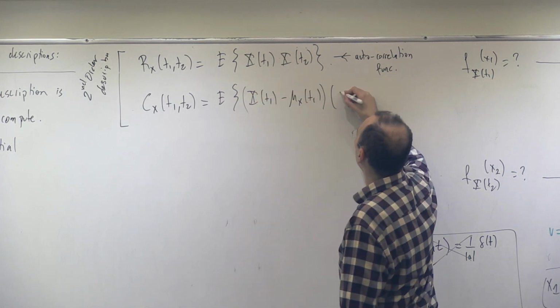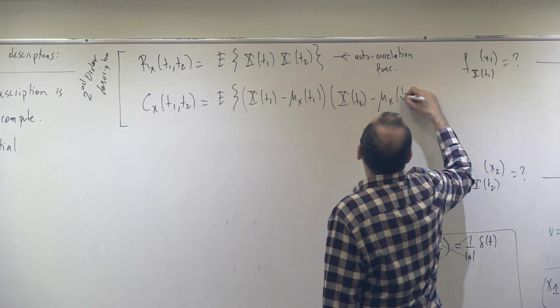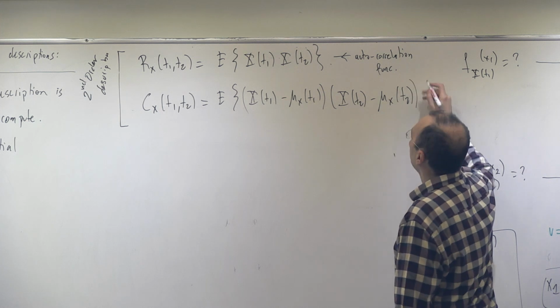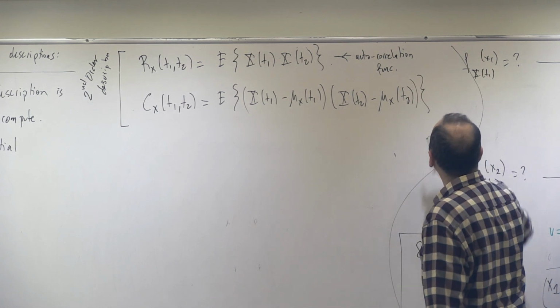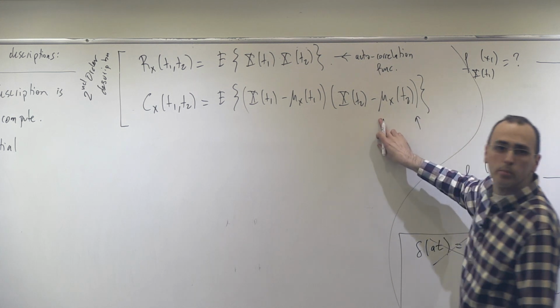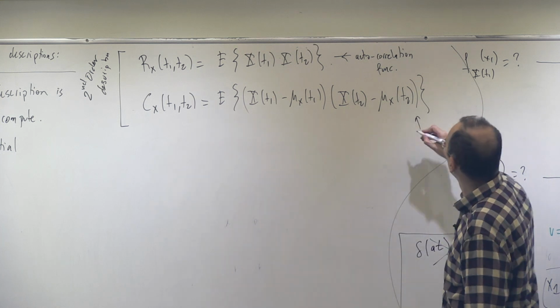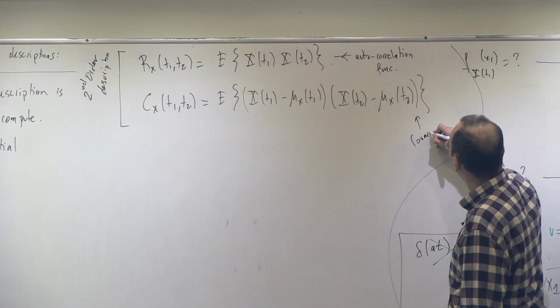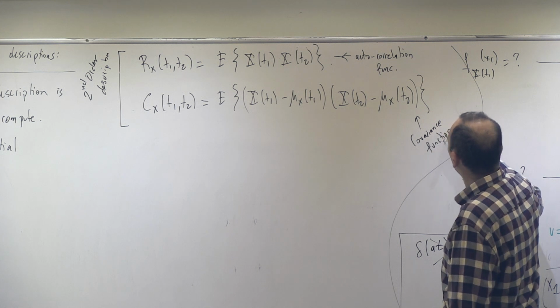This looks complicated to write, but as I have said, much easier to compute. So the second one is called, do you remember what this is called? This is called covariance function.